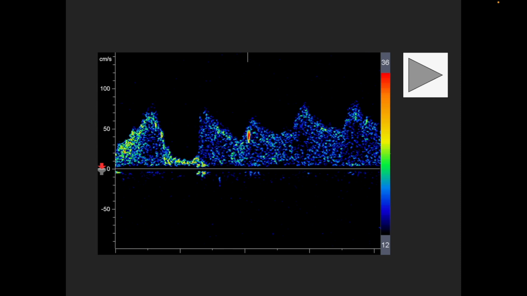Because this patient had an insufficient intracranial collateralization, the flow in the ipsilateral middle cerebral artery almost vanishes. Then the surgeon releases the vessel, the flow in the middle cerebral artery restores, and precisely 1 heartbeat after releasing the vessel, there is an embolus, which is indicated by the red spot in the FFT spectrum.